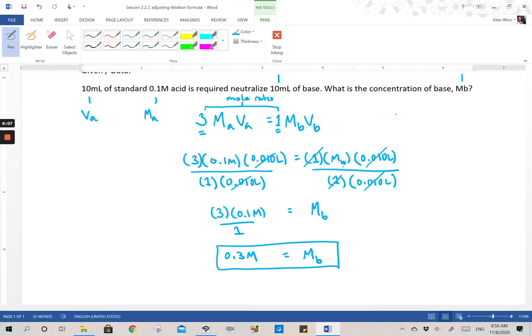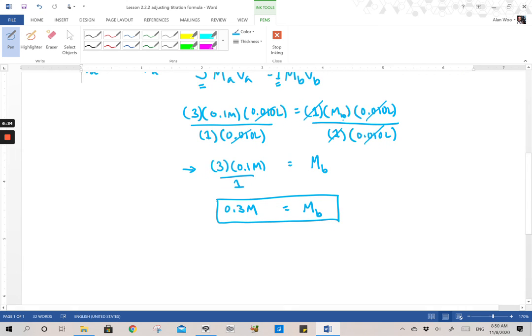This part here reflects the mole ratio. Without adjusting it, you would have the wrong value for MB, because we would assume that MB would be exactly the same as your MA if you just use the titration formula as it was.